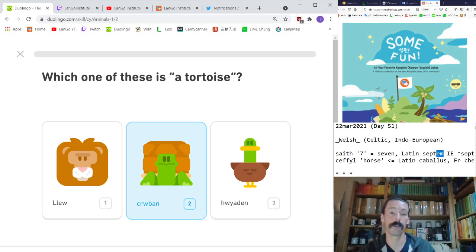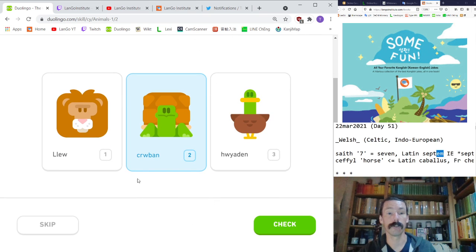Crwban, for tortoise. All right, so let's talk about those stop sounds. The K sound spelled C here is aspirated, and the one written B is really just an unaspirated voiceless one. If you listen closely, I don't hear any voicing on these stops. Crwban. It's really just a gentle P. It's not a B where we have vibration in the vocal folds.